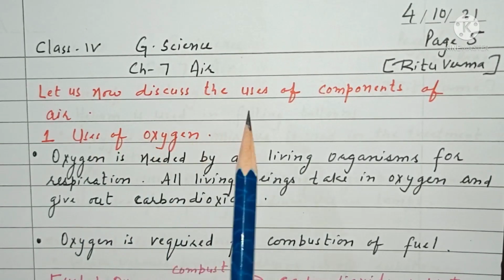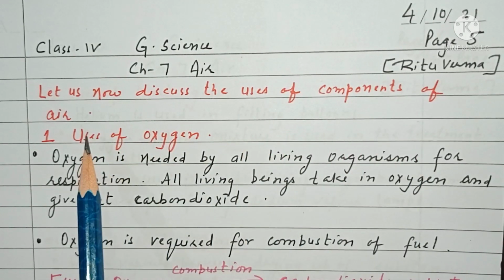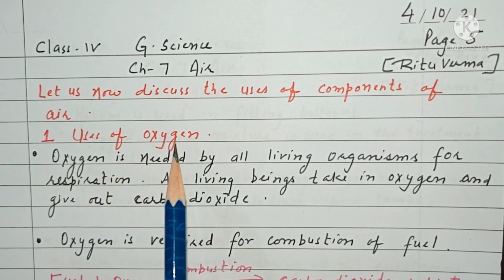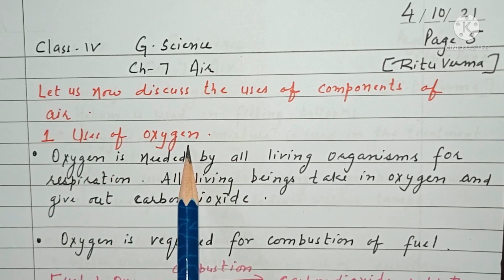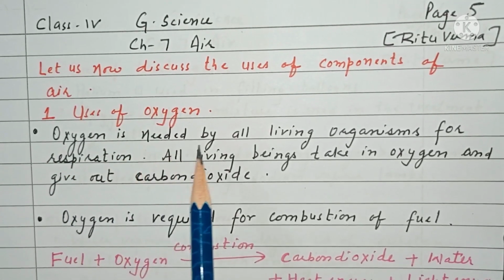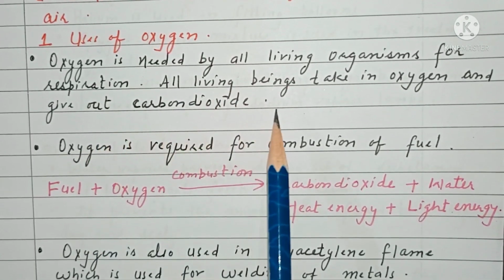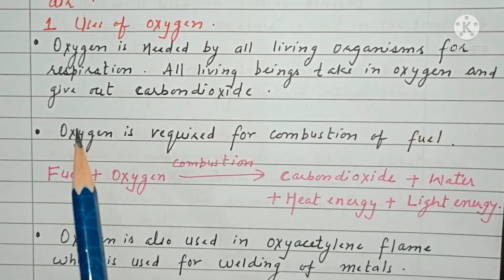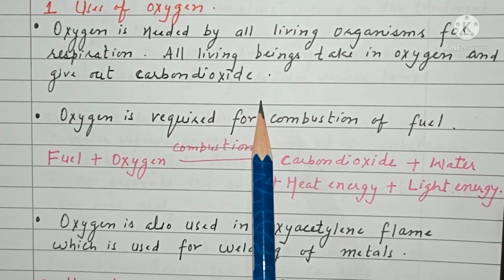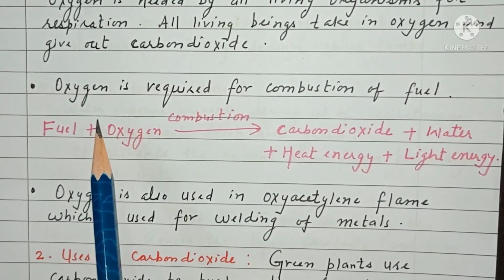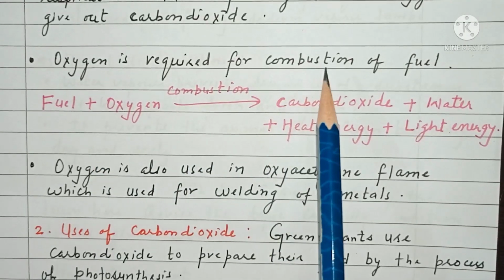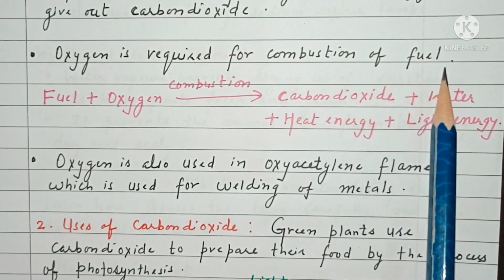Now we'll discuss the uses of the components of air. First of all, the uses of oxygen, the life-supporting gas. Oxygen is needed by all living organisms for respiration. All living beings take in oxygen and give out carbon dioxide. Now children, oxygen is required for combustion, means burning of fuel.